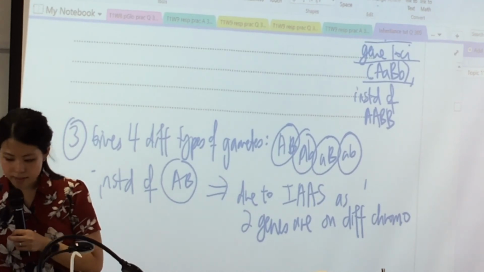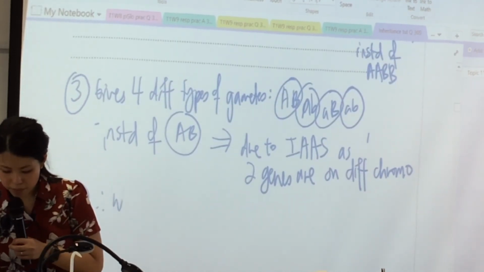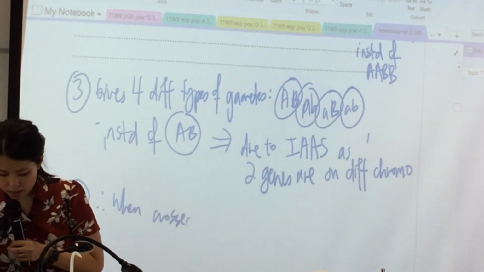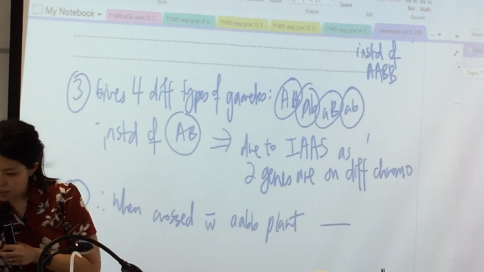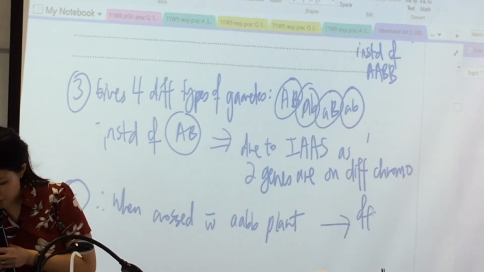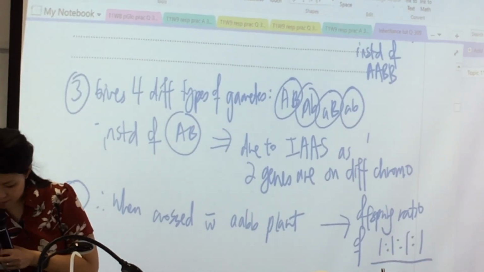And the last mark, therefore, when you cross this parent with a homozygous recessive plant, you get an offspring ratio of 1-1-1-1.